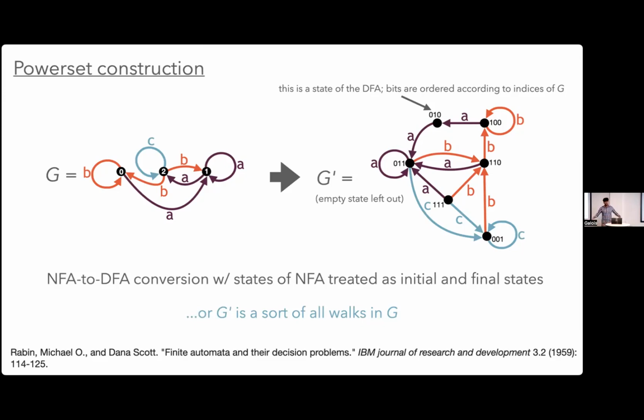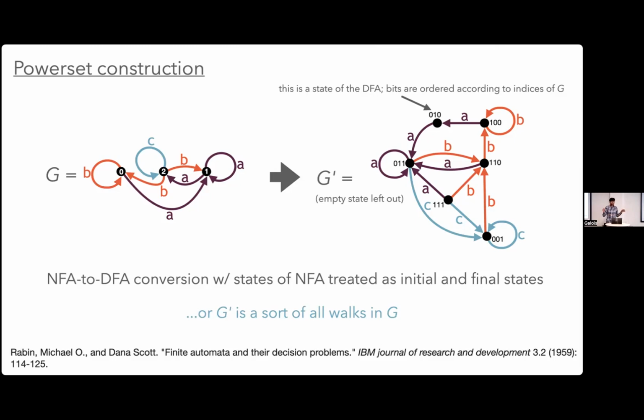What I want you to do is imagine standing at all vertices of the graph simultaneously, okay? Now walk across all edges labeled A. You'll land at some subset of vertices. Walk across all edges labeled B, and you'll land at another subset of vertices. These will be the terminal vertices of all walks matching the query string AB, okay?